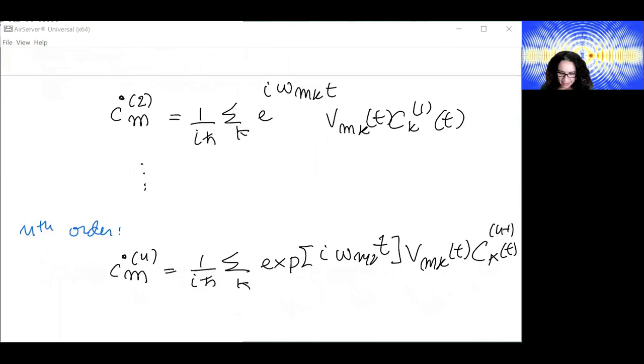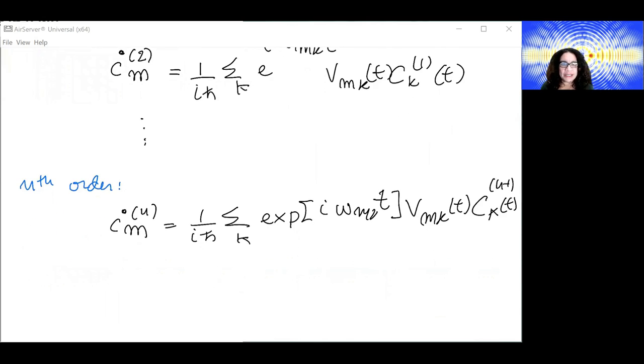So we can see that we have a recursive relation that we can in principle apply and get corrections over lambda to any arbitrary order we would like to have. But we're going to be modest.